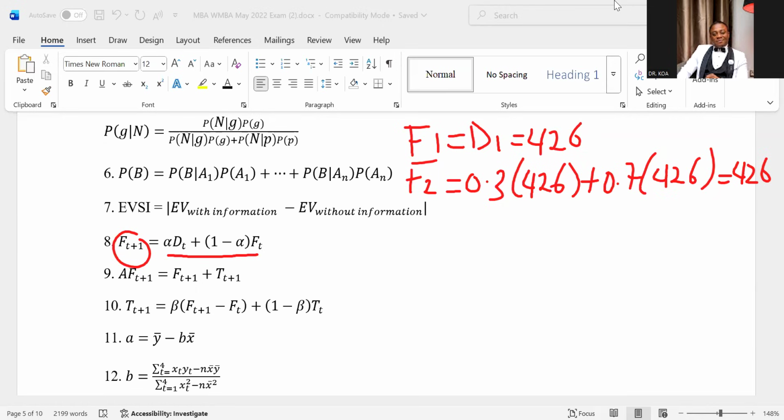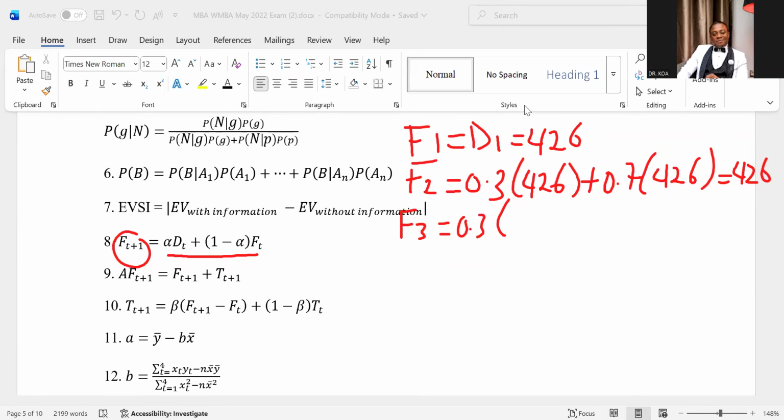Now we go to F3. Don't be scared, don't be worried. It's the same thing. First, you write your 0.3 into bracket. Remember, it is DT, current demand, the value that you have in the table you were given. What was the value there?